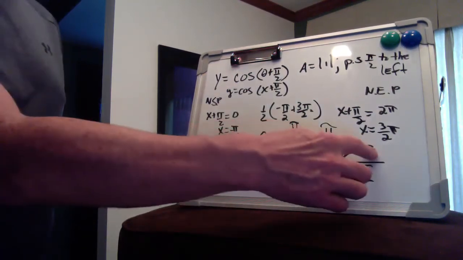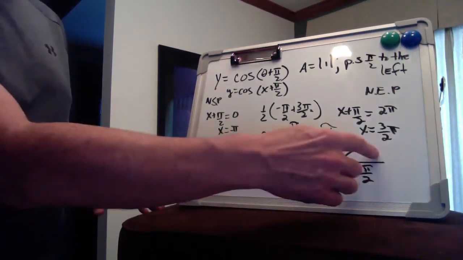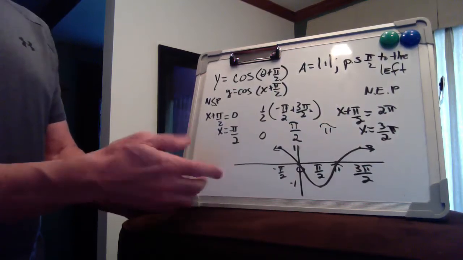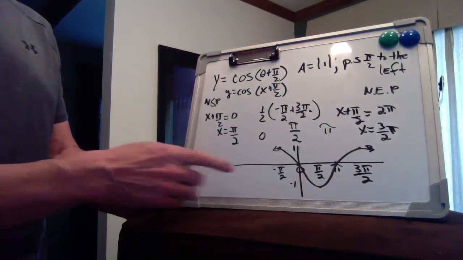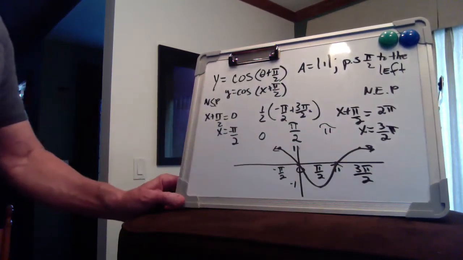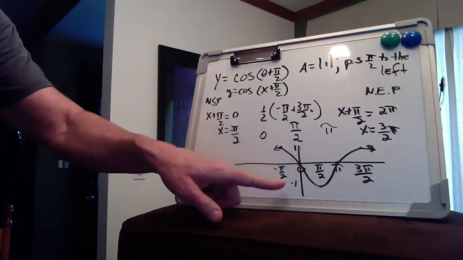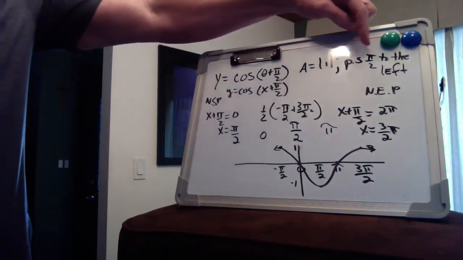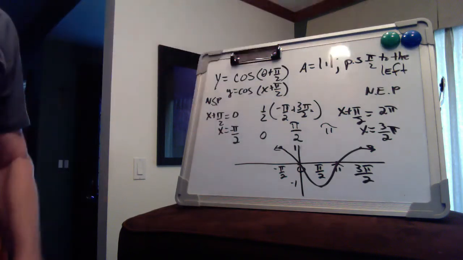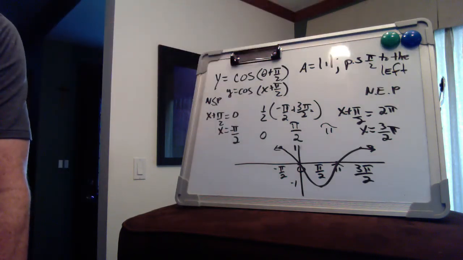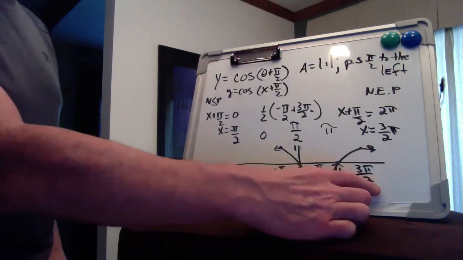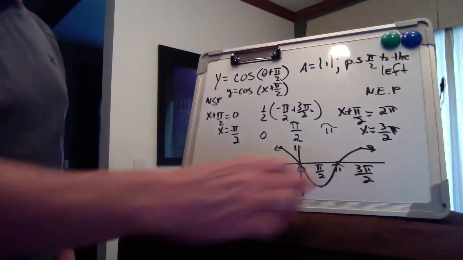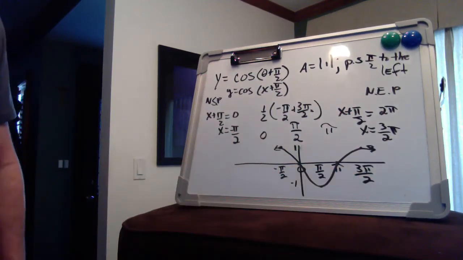Because I have arrows in both directions here, you can say the domain here is from negative infinity to positive infinity. Your range is 1 to -1. You have your phase shift of pi over 2 to the left. The length of your period, this is still 2 pi. And then there's no vertical slide.